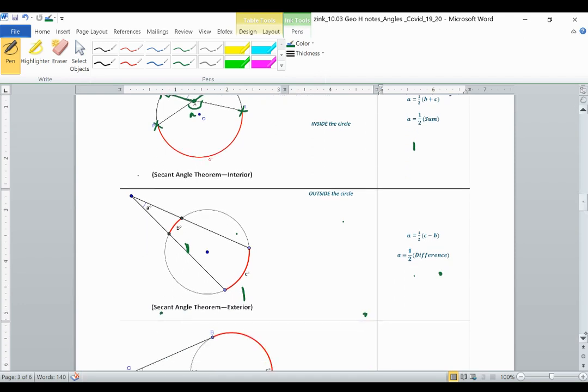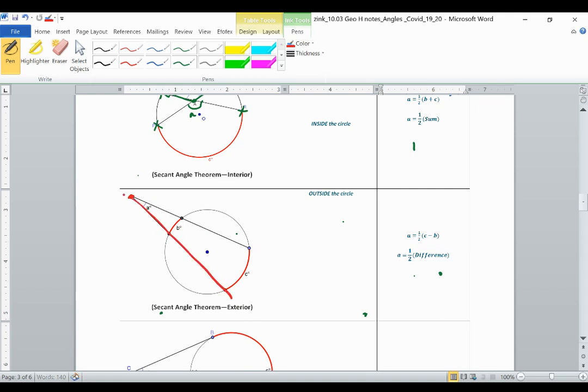The next one, our vertex is outside the circle, angle A over here. If it's outside the circle, think about if you're an outsider, then maybe you're different than people. So think difference. So angle A, with its vertex outside the circle, is going to be half the difference of the two arcs that it intercepts.